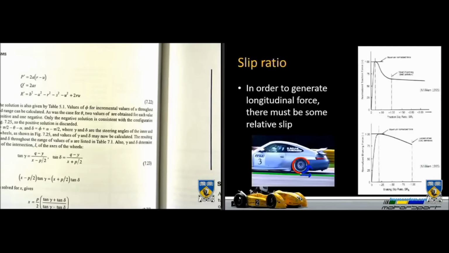So slip ratio. Similar to your slip angle, anytime you want to turn or generate lateral force, you need a slip angle. Anytime you want longitudinal force, you need a slip ratio. So in order to generate that, there is some form of slip in the longitudinal direction. So you can see the graph on the right at the top.